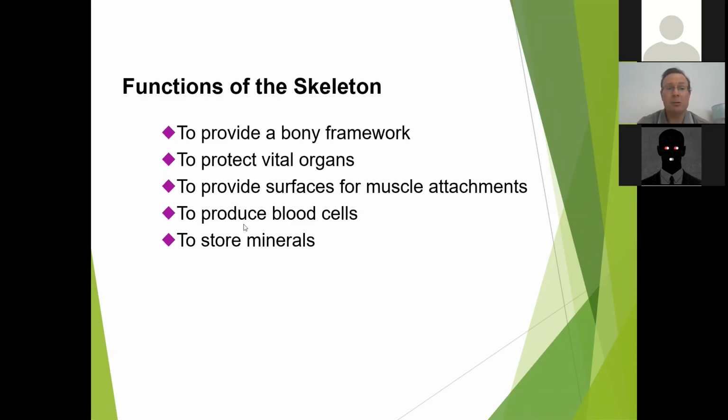It stores minerals. The body is quite a mineral store. There's a few different types of minerals, but the main one is calcium. Calcium is the main stored mineral, and we see this in later life.